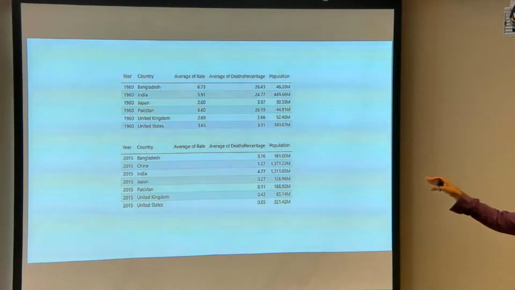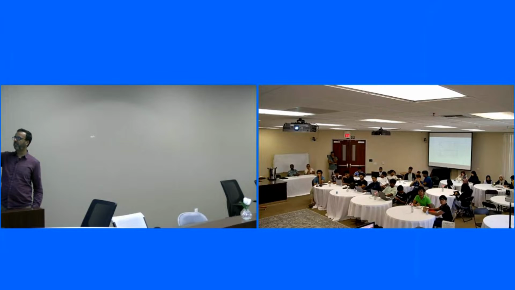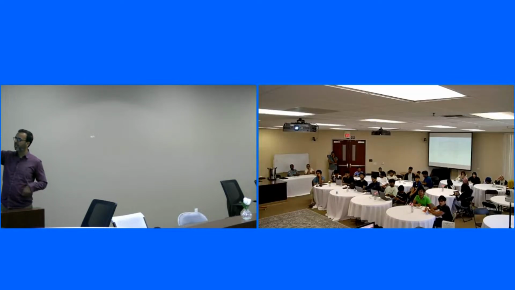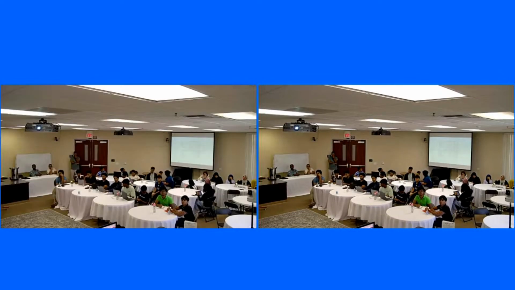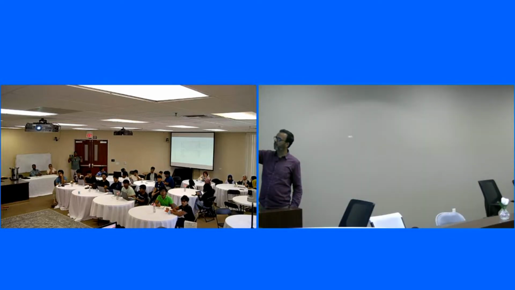You've got a few columns: one column is year, second is country, the third column is the average rate, which is the number of kids per woman. Then you have the death percentage, and then the population of that country. You've got 2 different periods of this data for these different countries.